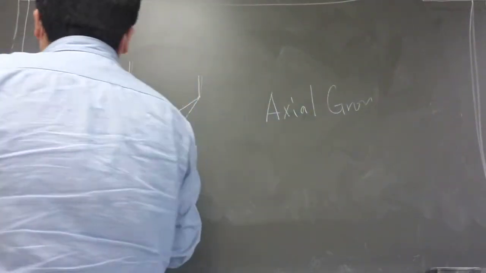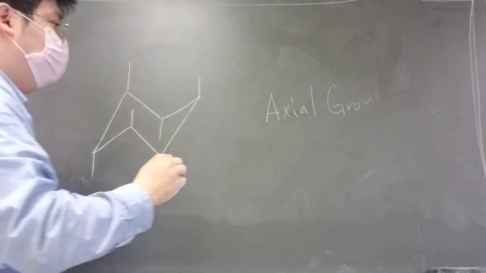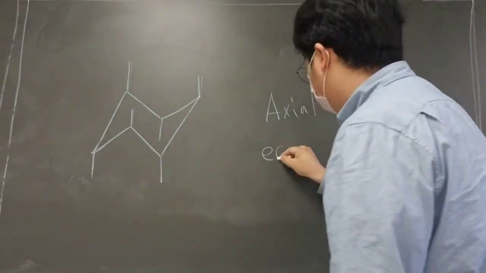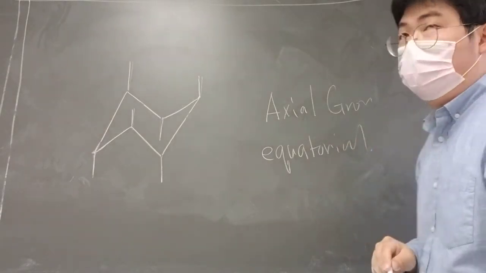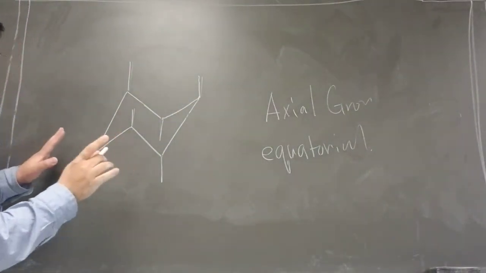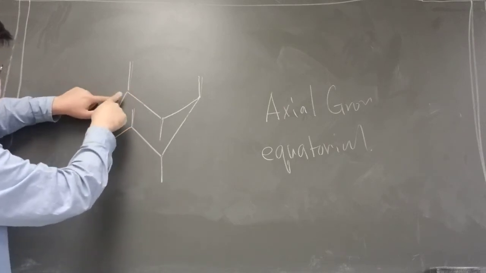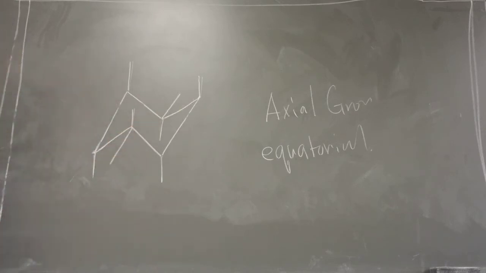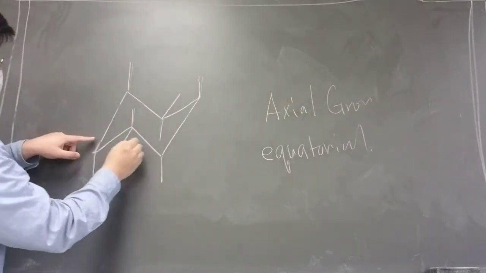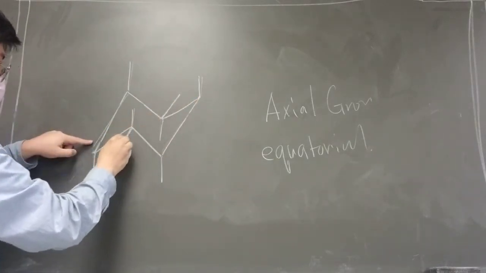Then what we need to do next is put some equatorial groups over there, which is pretty much the same. Do you see this line here? It is parallel to this line. You go in the middle. The two lines here, here, and here in the middle.